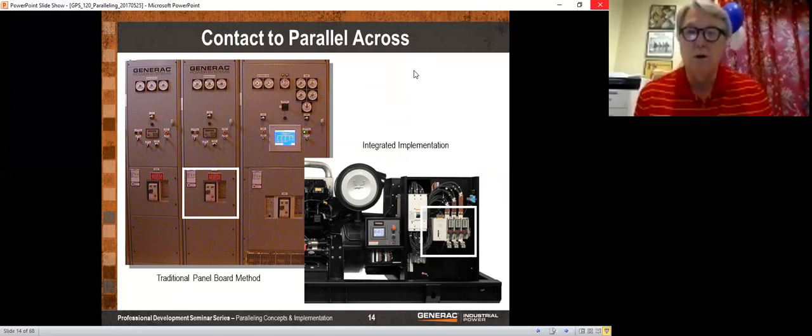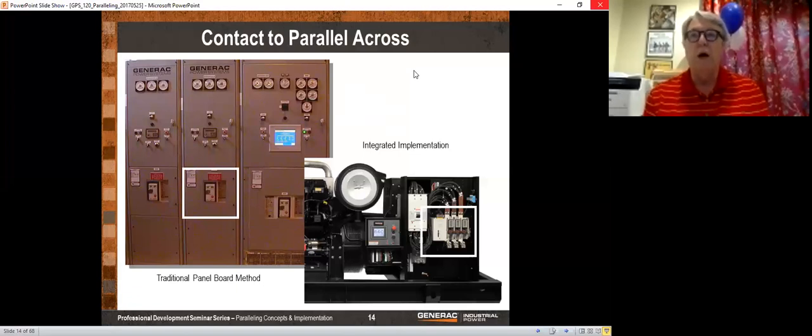The circuit breaker there is on the bottom. If you look up a little bit, you got some lights and switches, and the little controller there is your generator controller. And then above that at the top, you have your ammeter and your voltmeter and your frequency meter. Well, that's been typically how it's done. It's very, very complicated, as we'll talk about in a minute.